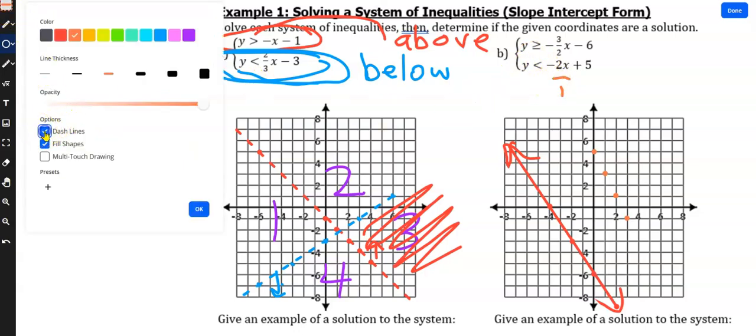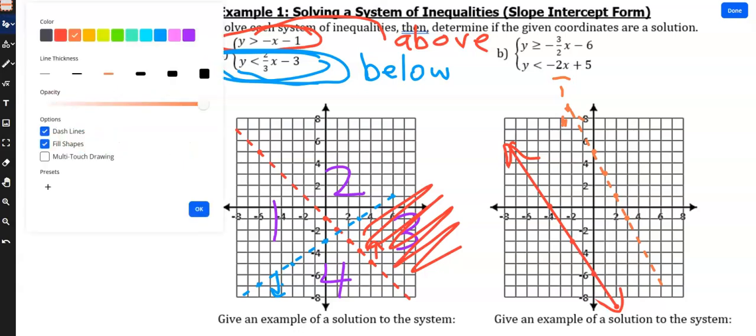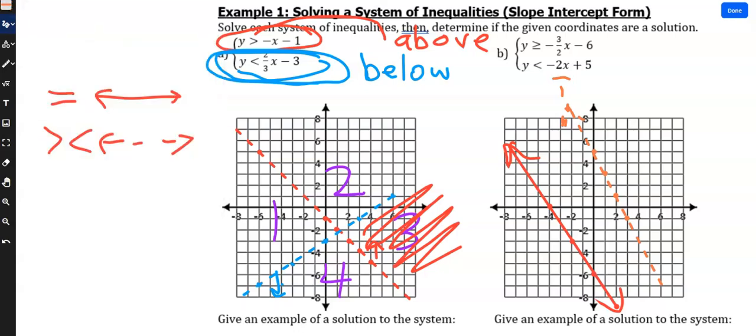So we'll go dashed lines. Change to a line. Oh, yeah, I got to take off the dashed lines part.